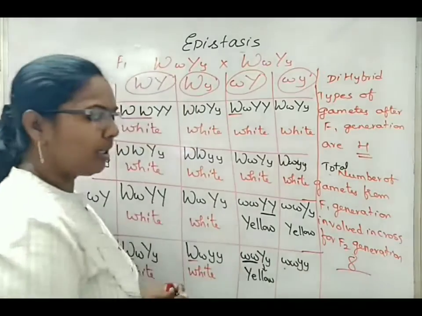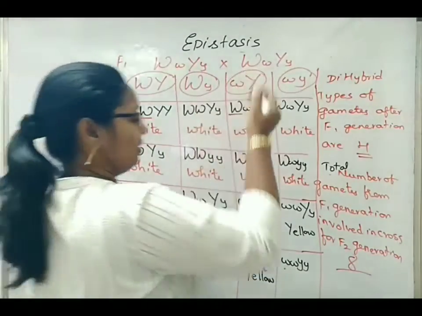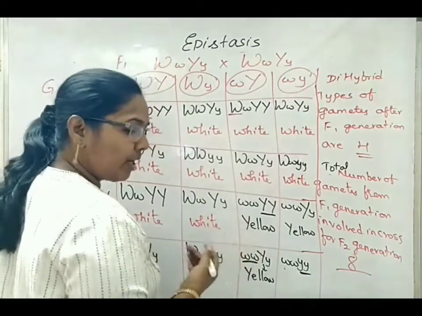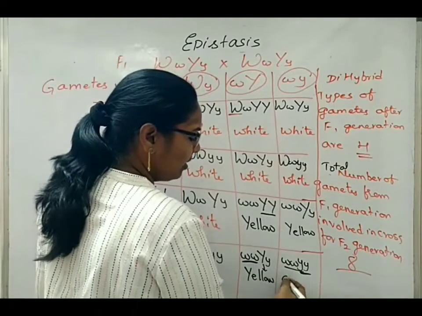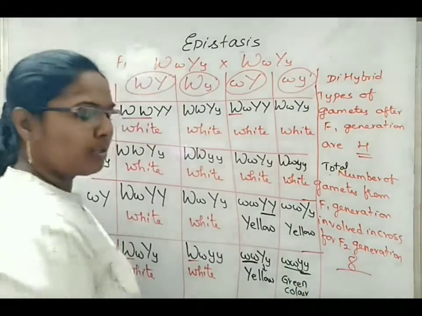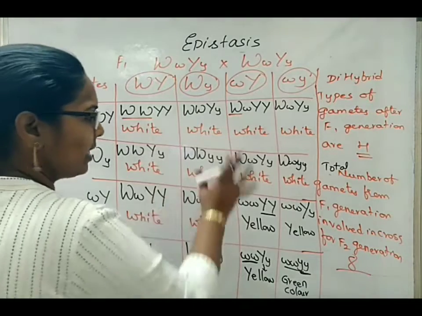And here both are recessive forms. Then what happened? The small y that I have written is the recessive form of yellow colored flower. These both mixtures are responsible for green color. So now, this is the expression given.